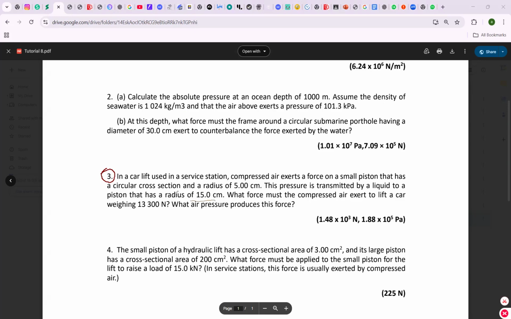The small piston is the small section, and this is the bigger piston. What force must the compressed air exert to lift a car weighing 3,300 Newton?